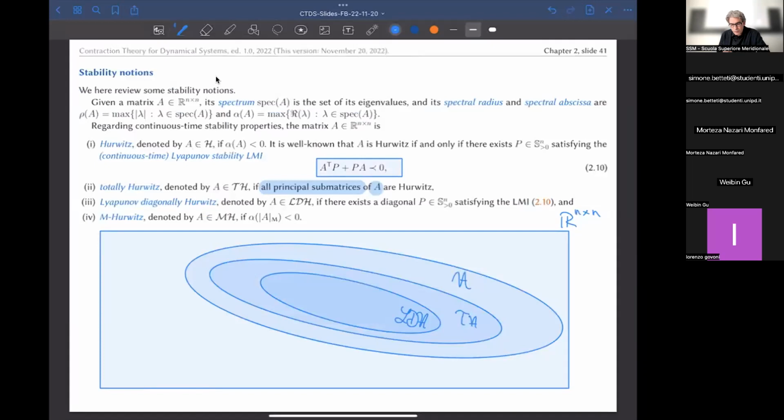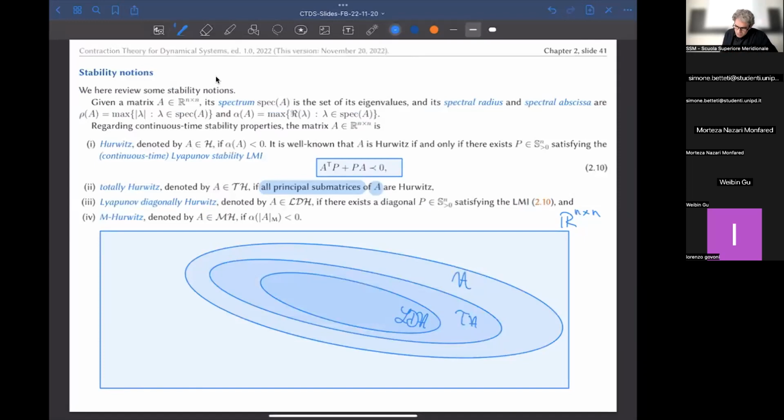A matrix is Lyapunov diagonally Hurwitz if there exists a diagonal matrix P satisfying that LMI in equation 2.10. It turns out that I will be able to prove contractivity or stability for certain nonlinear systems only when the linear matrix describing the system is Lyapunov diagonally Hurwitz. So it's a robust notion of stability, Lyapunov diagonal matrix.